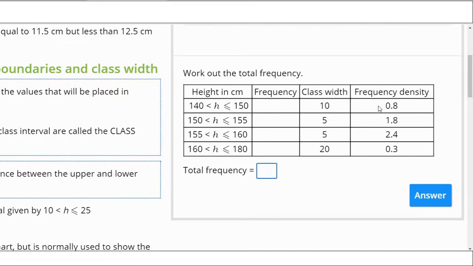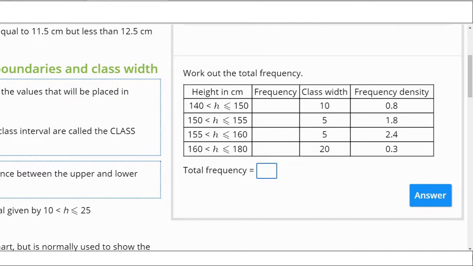If the frequency density is already given as 0.8, it means to find frequency you need to multiply by class width, right? So 10 times 0.8 should be how many? 8. I'm sorry, this is 8. For the first class it is 8, and for the second class we multiply 1.8 by 5.